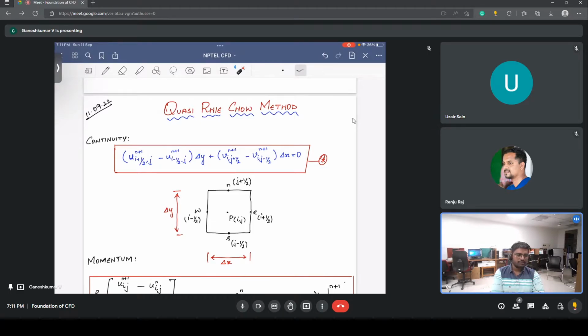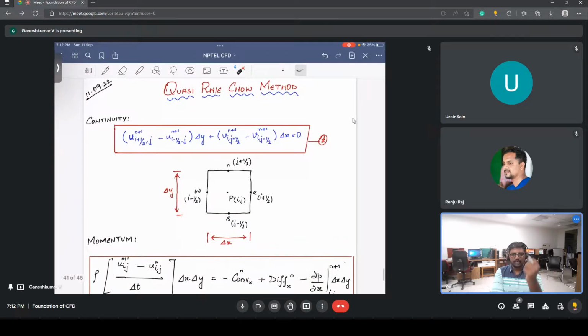That's why people always prefer collocated grids. But because of pressure velocity splitting, people have to use staggered grids. This quasi-Rhie-Chow method, and a few more methods like the Rhie-Chow method, overcome this problem so that you can implement a collocated grid itself to get a solution, right? So that's why we will see this.